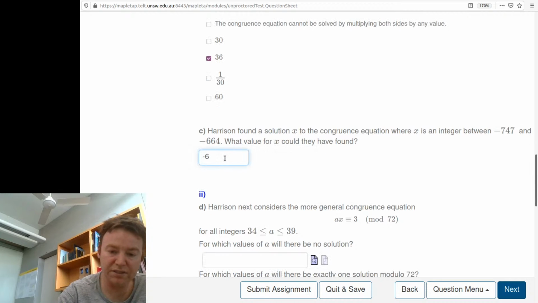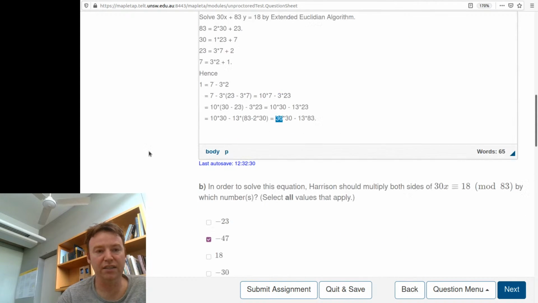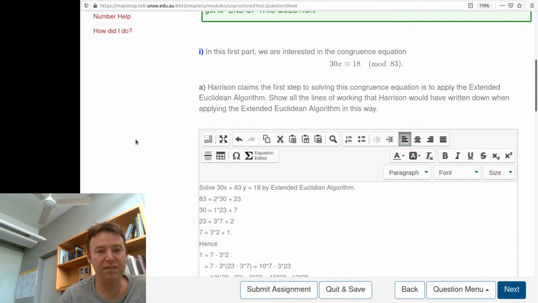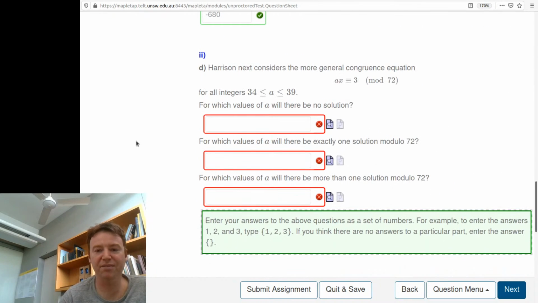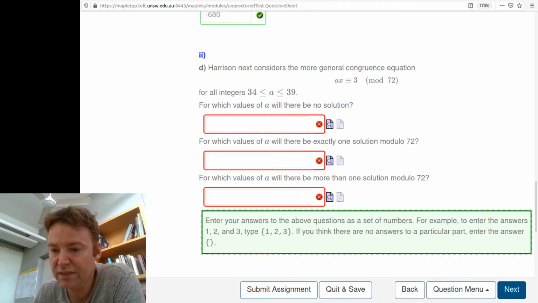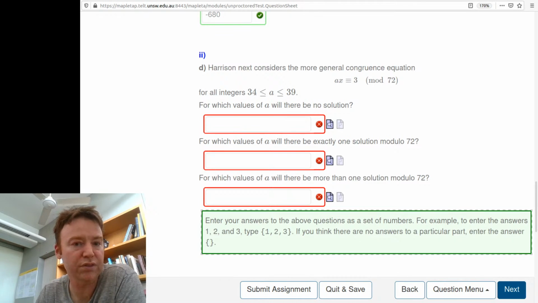Negative 680, which is what I get when I choose k equal to negative 16, and I think that's correct too. Let me just see how I did. Yay! Oh, Harrison just keeps going. Okay, Harrison next considers a more general congruence.